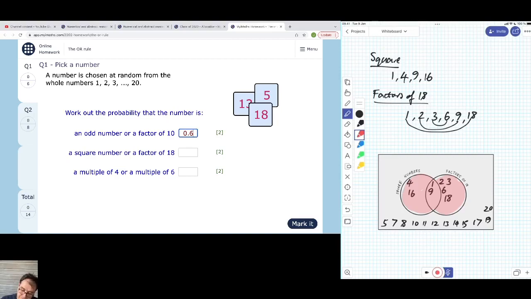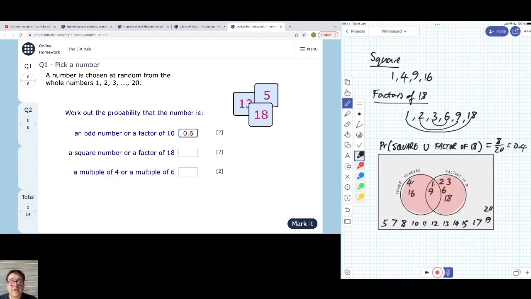So probability of square, union, factor of 18 equals, we've got 1, 2, 3, 4, 5, 6, 7, 8. 8 out of 20, and 8 divided by 20 is 0.4.